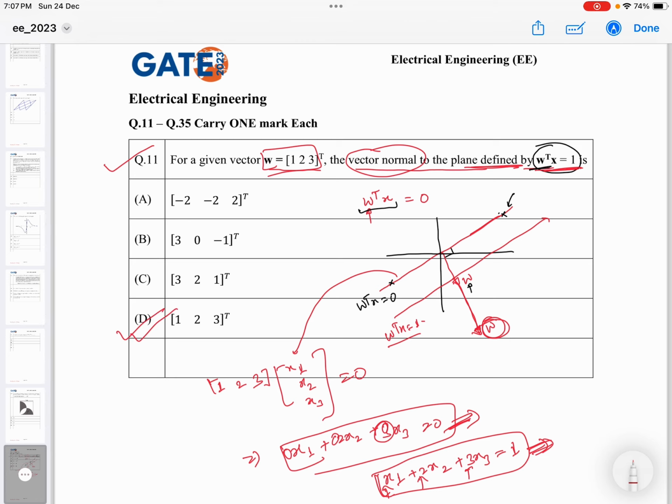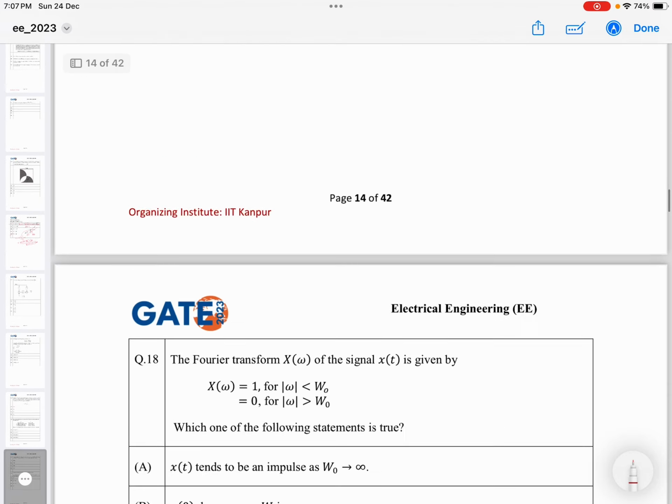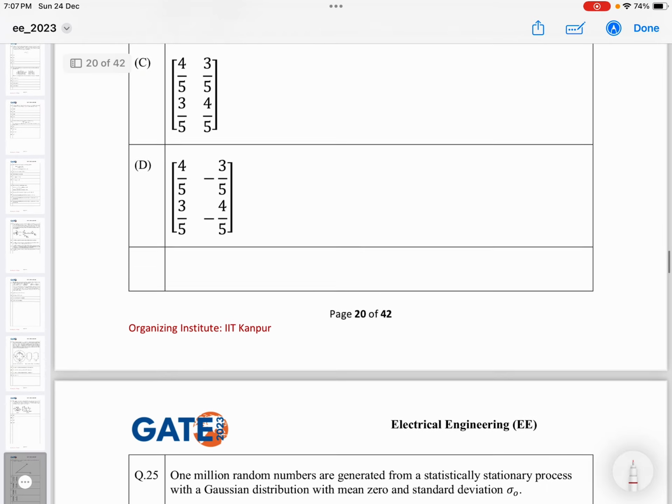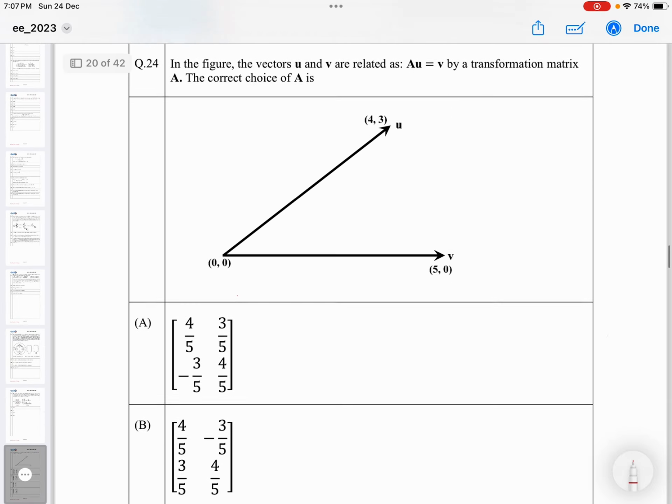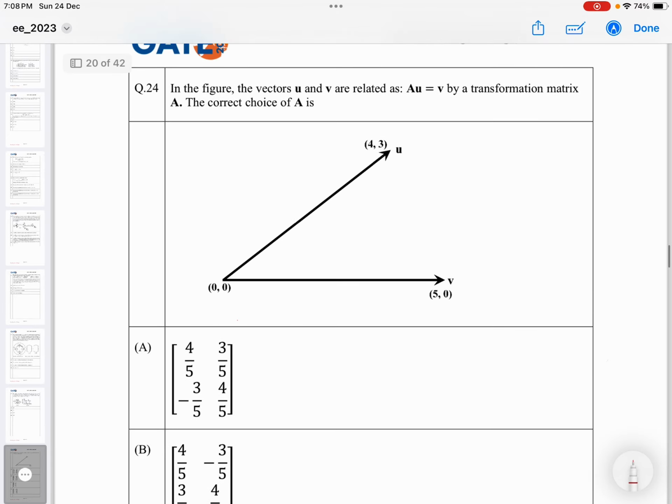Okay, so now let's move to the next question. Okay, so this is the question. This one is also an easy question. What we have been asked is that in a figure, this is vector u and vector v, and they are related as Au is equal to v, right?